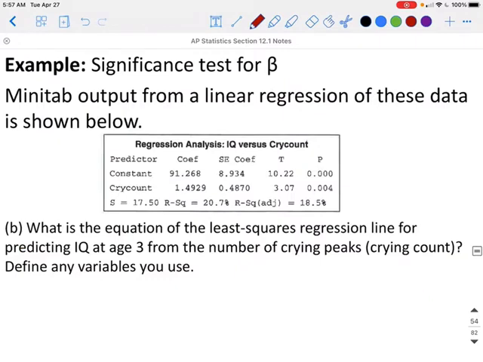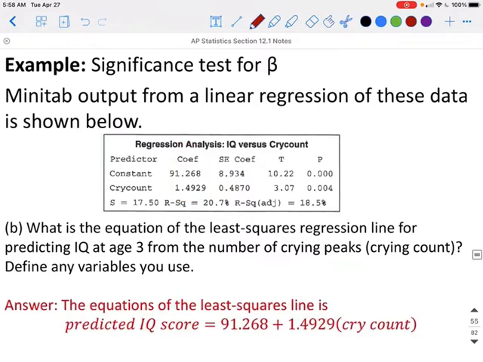What is the equation of the least squares regression line for predicting IQ at age 3 from the number of crying peaks, or the crying count? Define any variables that you use. If we look at our coefficients, we can say our y hat is equal to our constant, which is 91.268, plus our slope times x.